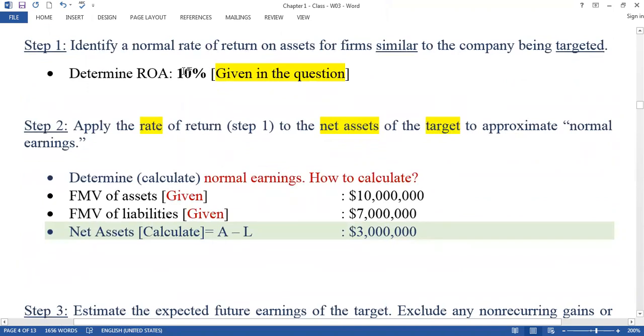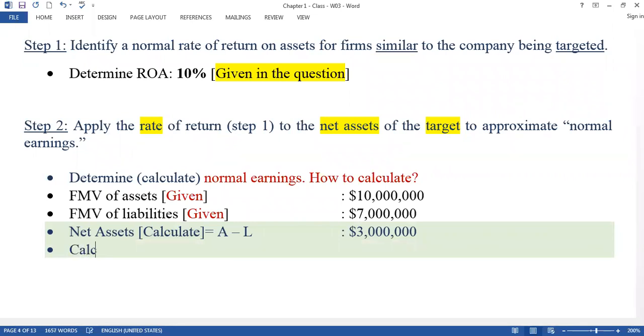So we know our rate of return is 10%. We know the net asset of this targeted company is $3 million. Now, step 2 says to apply this rate to the net asset to calculate normal earnings. The formula is net asset times ROA.